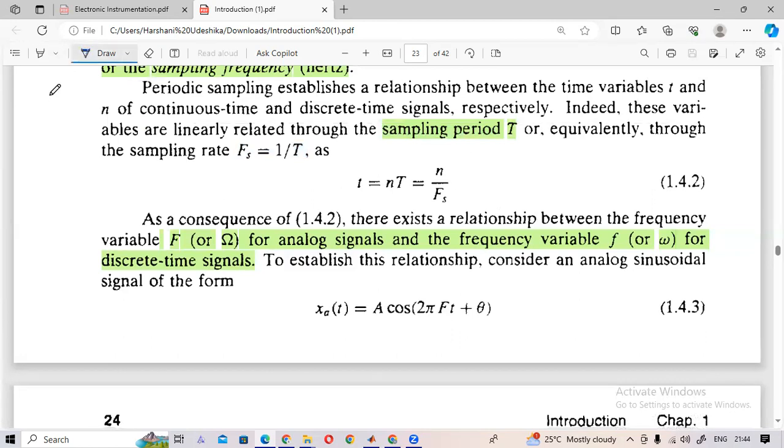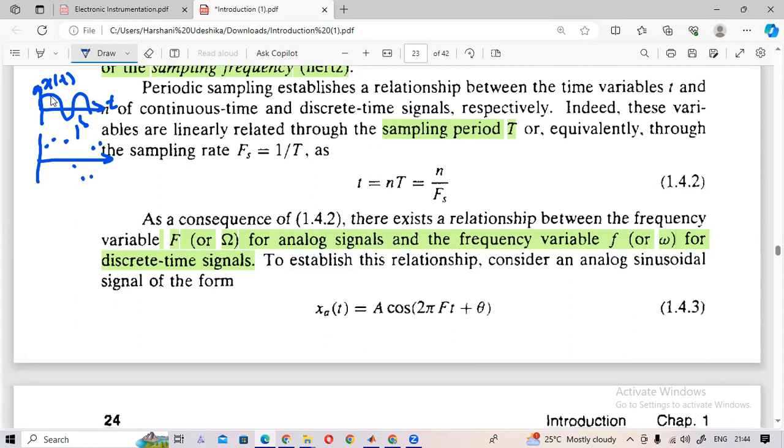Normally, a continuous time signal we represent with respect to t, so it is a function of t. Once we get the sampled signal, the sampling can be done using a switch. If you are passing the signal through a switch, you can get some samples. So samples may be like this.